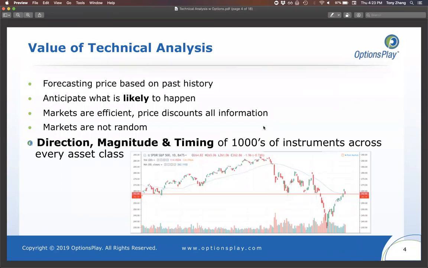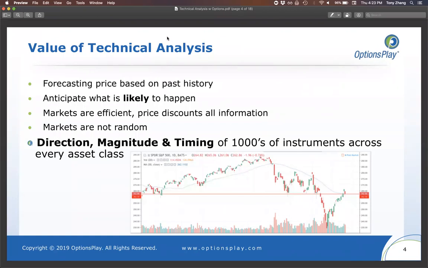So for those of you that are more fundamental based or maybe statistical based, you might find technical analysis very useful for helping you time your trades. So let's go ahead and see. Looks like 85% of you use technical analysis, 10% of you use other forms of analysis, and 6% of you say you're not sure.